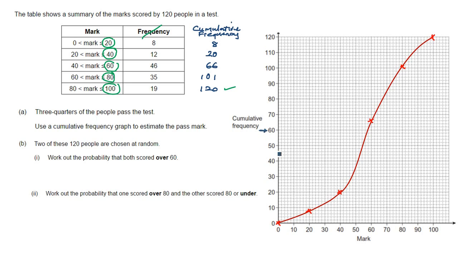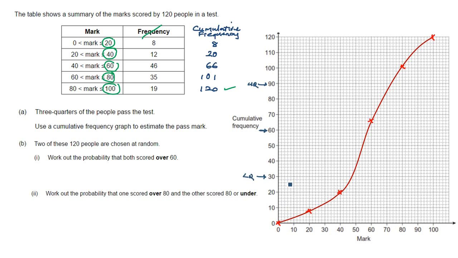Okay, and the lower quartile must be at 30, so this is the lower quartile, and so this is the upper quartile at 90, and so we want 3/4, that's a large amount, so all of these above that 30 line there, passing the test. So 3/4 passed the test, so it's the amount above, not the amount below.